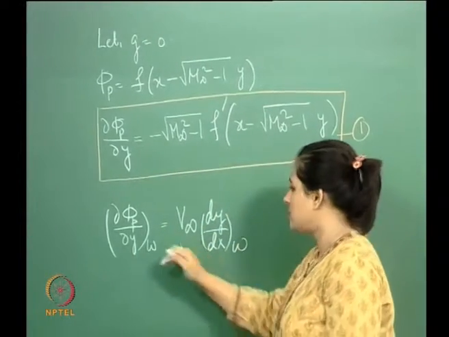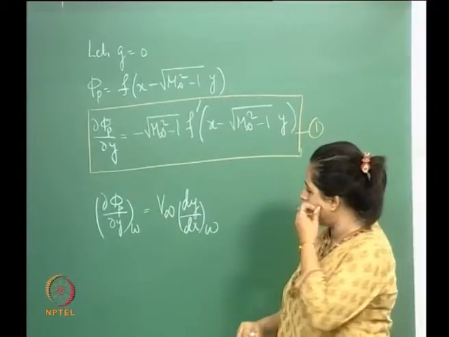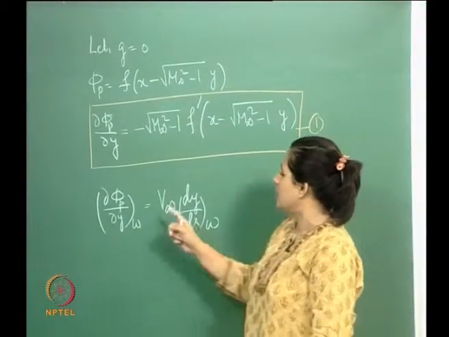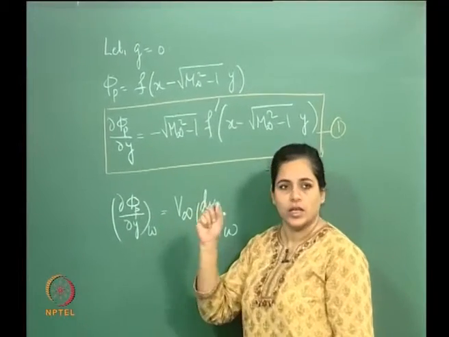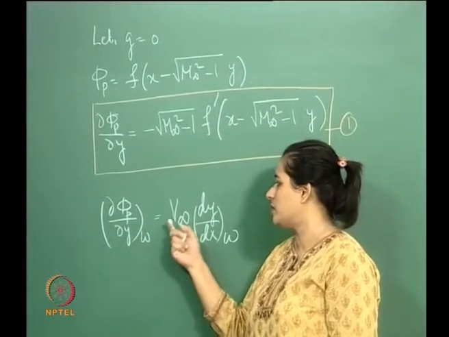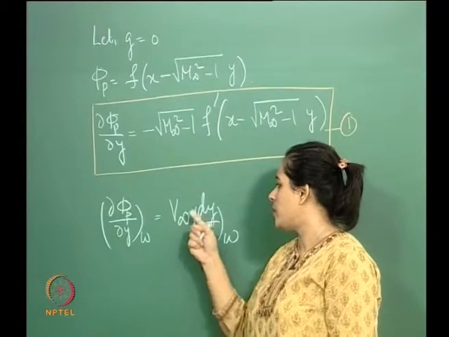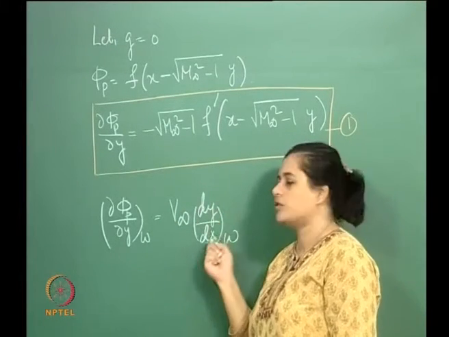This is what we derived yesterday as well, but if you just look at this expression, the perturbation velocity component at the wall is essentially the free stream component in the direction of the wall.